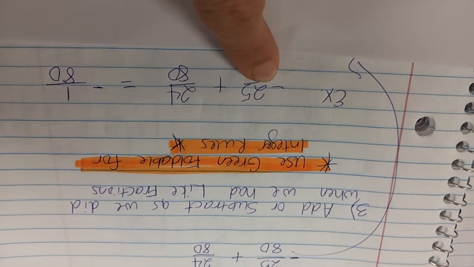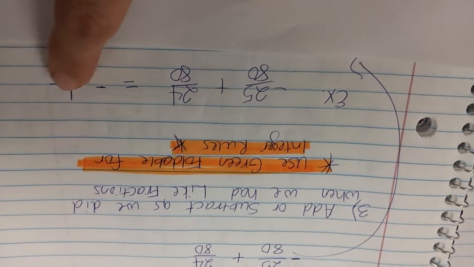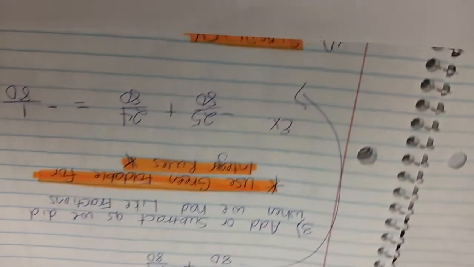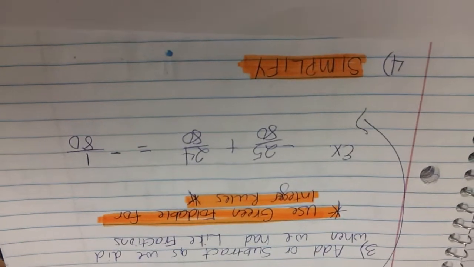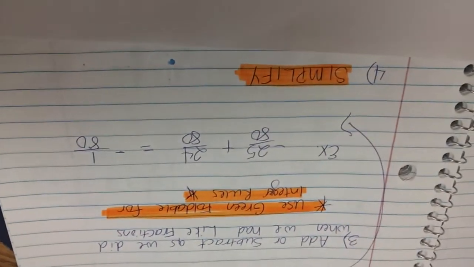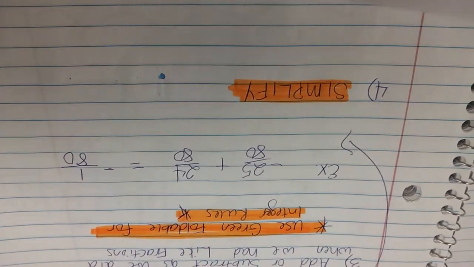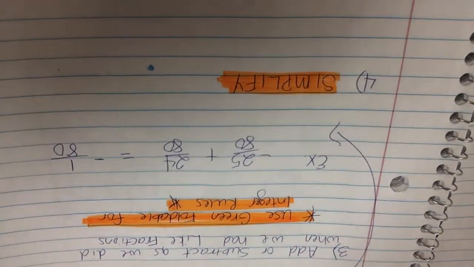And we're keeping the sign from the number with the greatest absolute value, which is negative. Our number is negative 1 over 80. Last thing we're always going to do is simplify. Is there anything that goes into both 1 and 80 besides 1? No, so we are simplified. So that is our answer for that example.